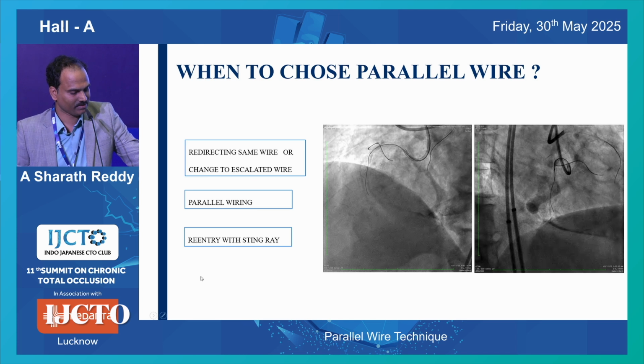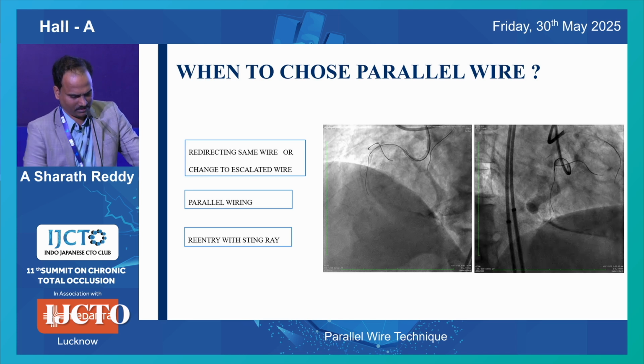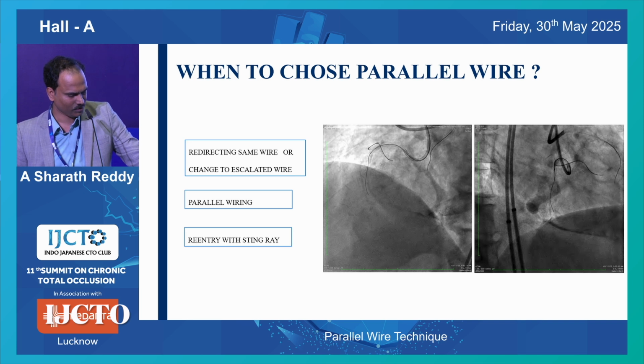Another thing is the cost. When you compare with Stingray, this parallel wire costs 50% of Stingray.